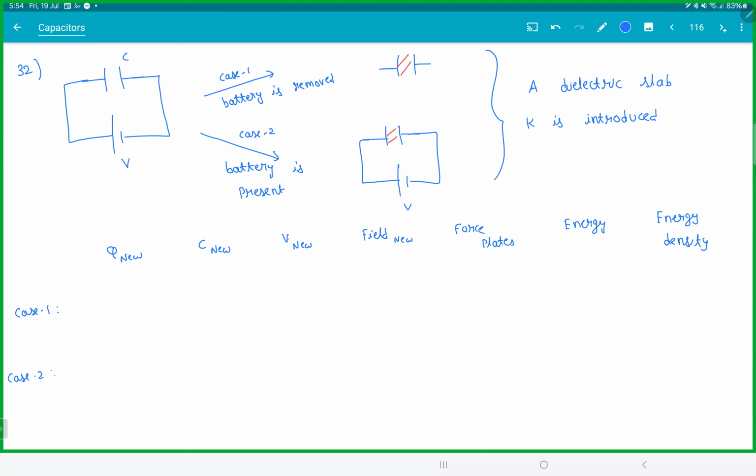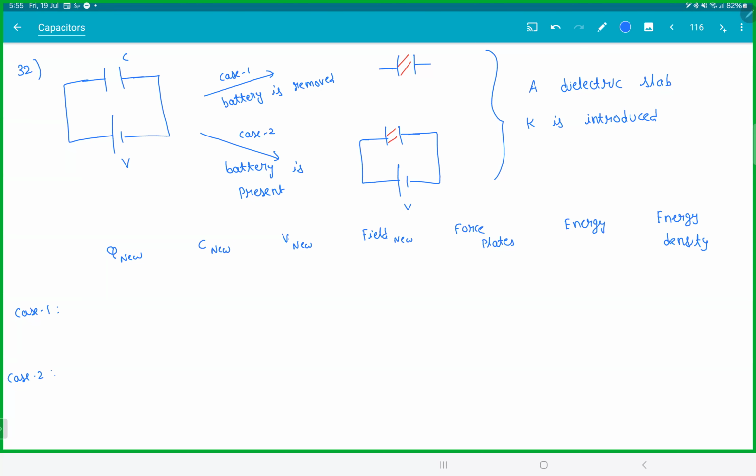Again, what is the idea there? If you remove the battery, charge will remain constant.